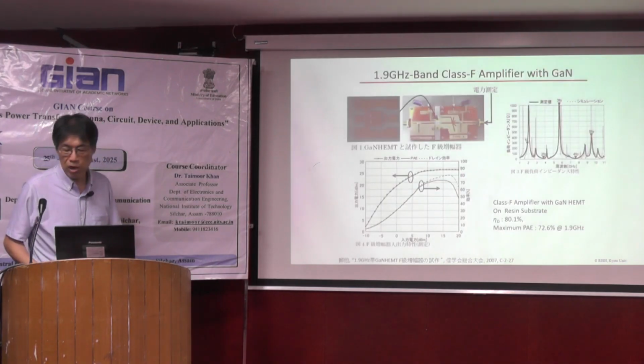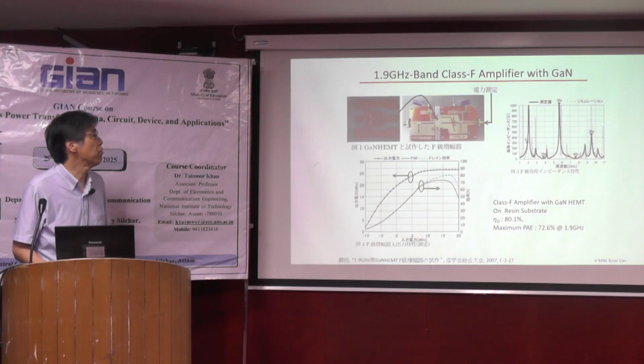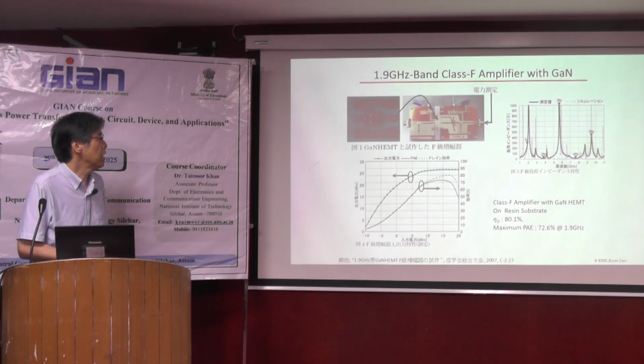And this is an example of a developed class F amplifier with gallium nitride. This is a Japanese amplifier. It was a very low frequency amplifier at about 2 GHz, but at that time, the power efficiency of the amplifier reached 72%.